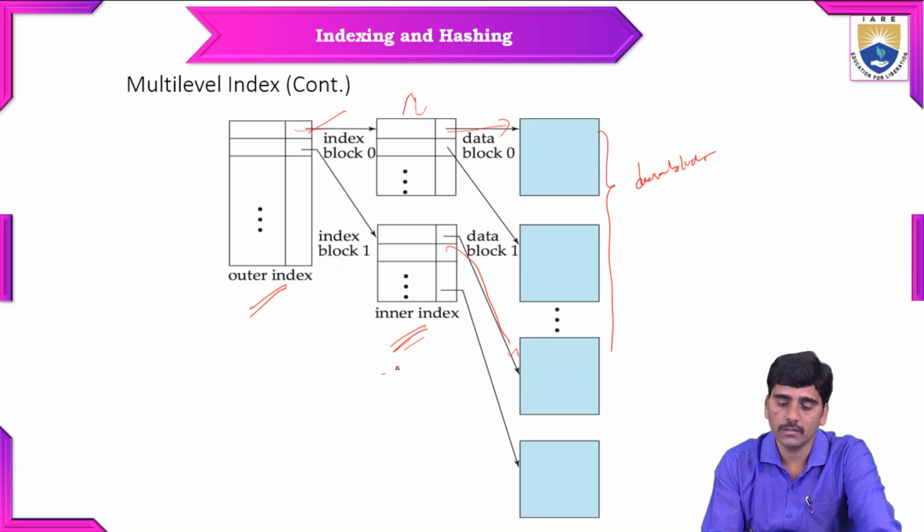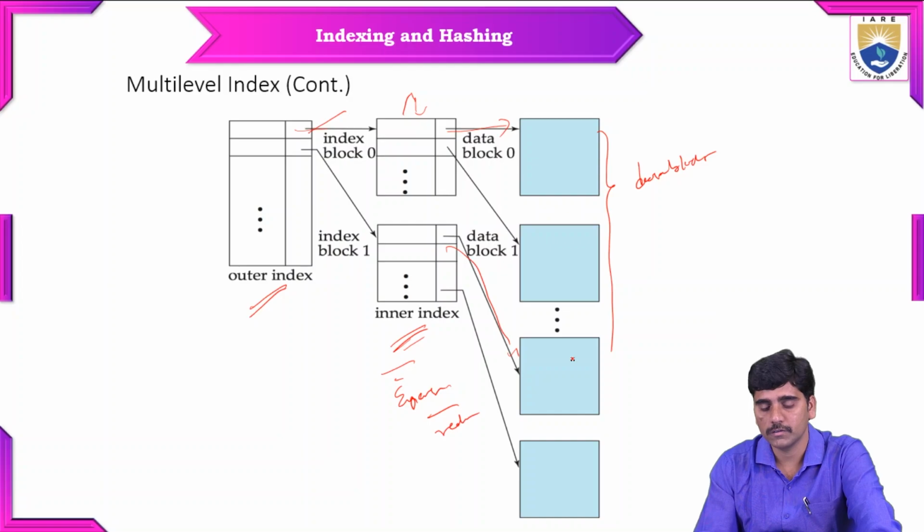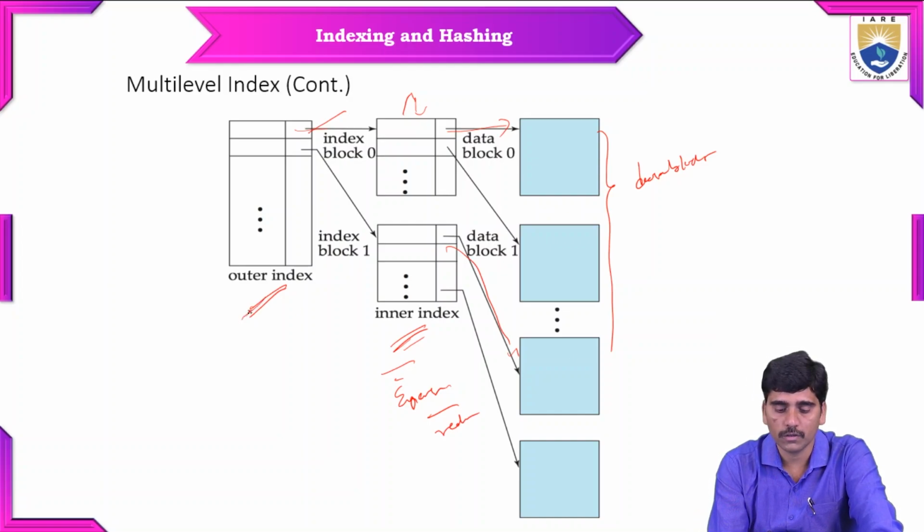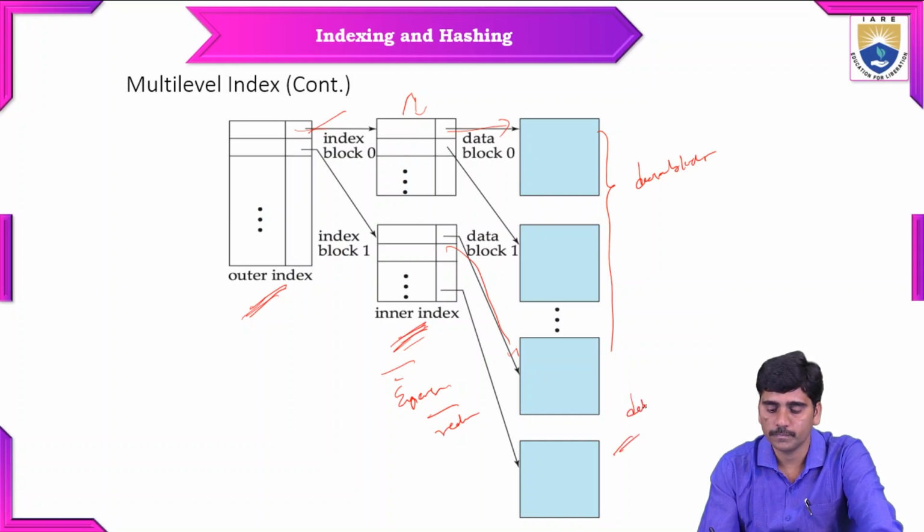Managing all of this is expensive, but reducing the time and reducing the space is very efficient. This is the outer index, this is the inner index, and this is the data block, which contains all the records.